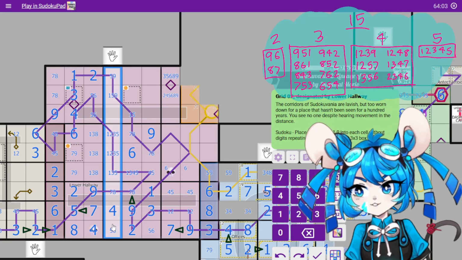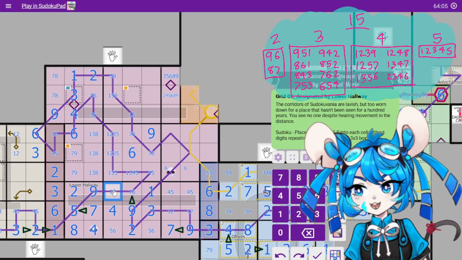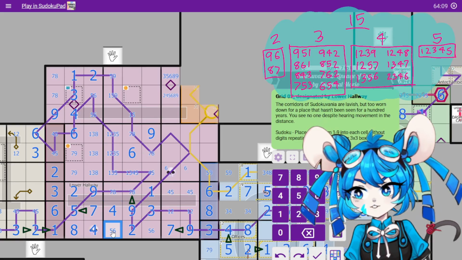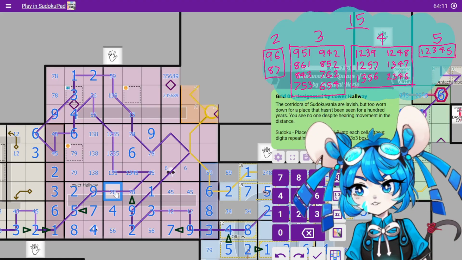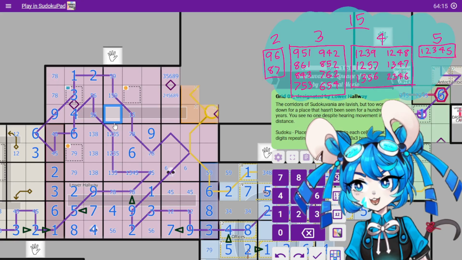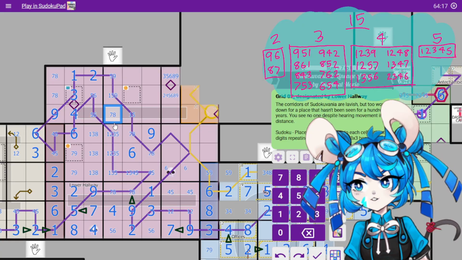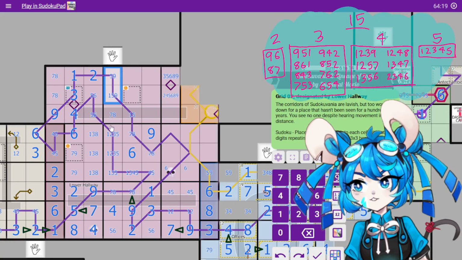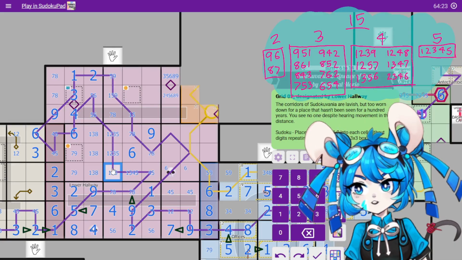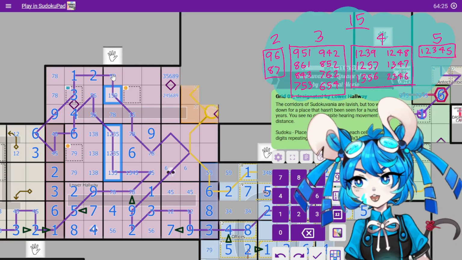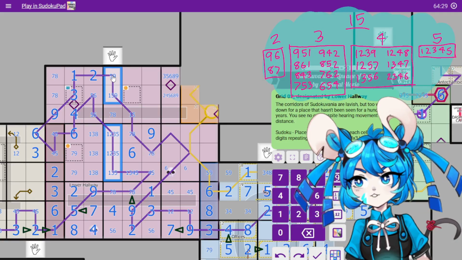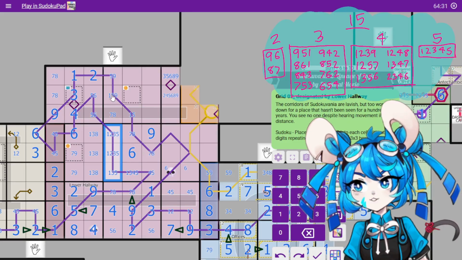Where do 7 and 8 go in this column? There's one here. I think the only other spot that 7 and 8 can go is here. This has to be 7 or 8, because we have 1, 2, 3, 5, 9.